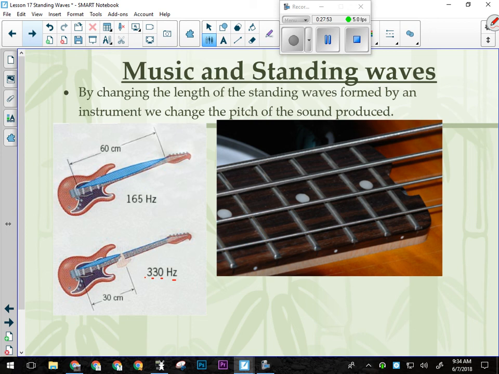It wouldn't be nearly as loud because you're not allowing the sound to go into the resonant cavity and amplify itself. If you've ever plucked an electric guitar that's not plugged in, it doesn't make very much noise, but an acoustic guitar with the same thing produces quite a bit more. I think that's all I need to say about the string instruments.